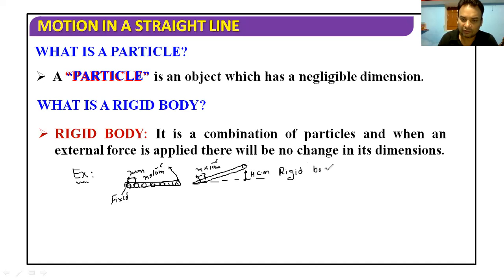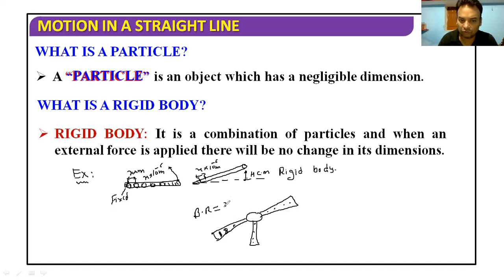One more example. Take the example of a fan, and the blade of the fan. Even after rotation, check the distance between any two particles. Make two marks, 1 and 2, on the blade, and before rotation, note the distance between point 1 and 2.